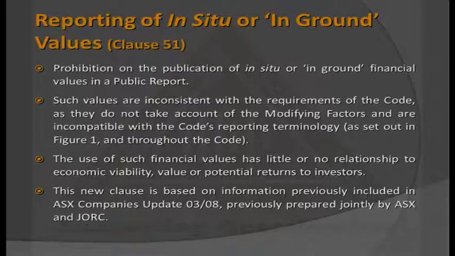It doesn't take into account modifying factors, and there are better ways to value your early stage exploration or your resource than doing that. And if you do have a resource or reserve, you're going to have studies to support whatever mining is going to be required, so you'll be able to derive a proper value. And this has been based on information previously included in the ASX companies update. Okay.